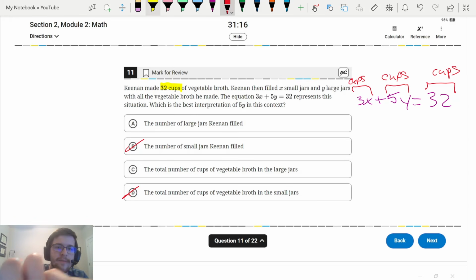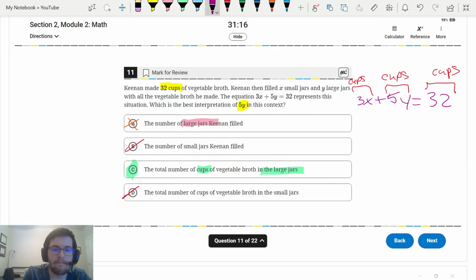It's asking about 5y, so 5y must have units of cups. This one does not. It has number of large jars, so that's wrong. And this one says cups in the large jars. It says large jars and it says cups. So that's the answer.